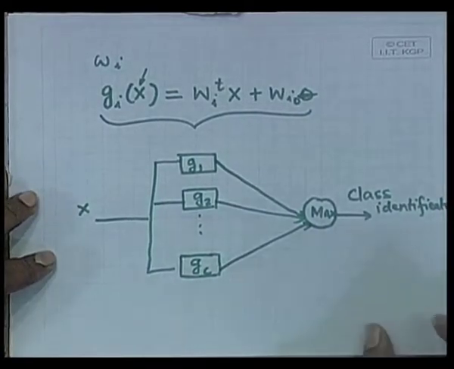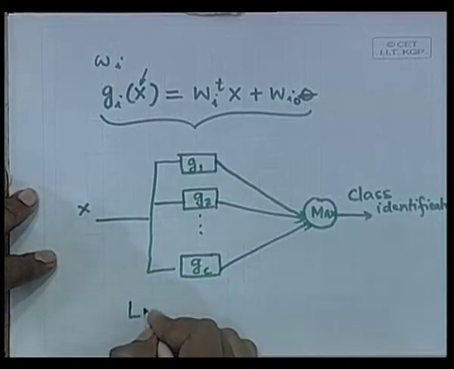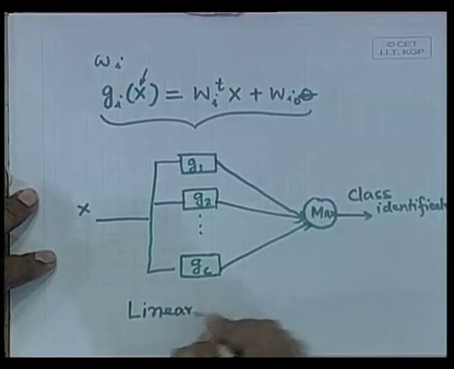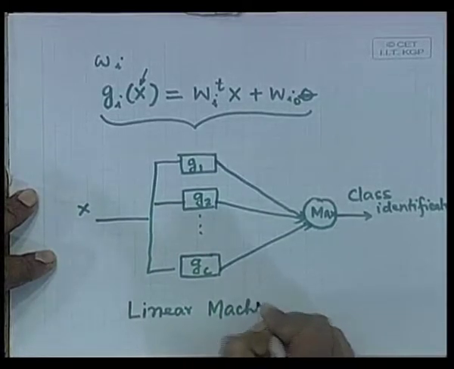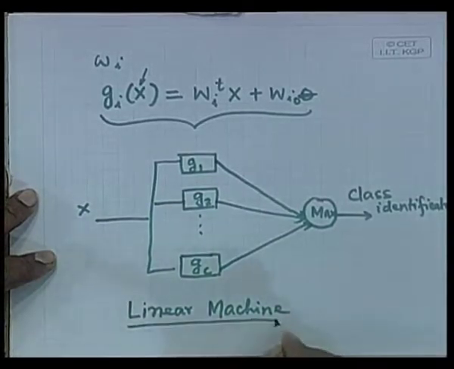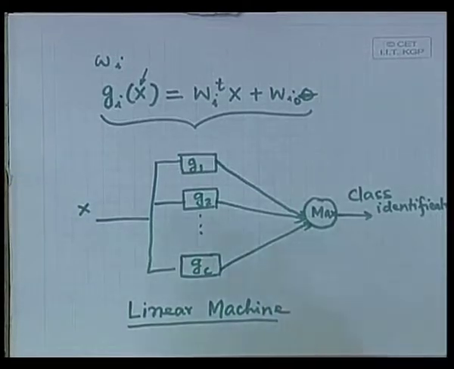Right. And this is what we have said, it is a linear machine. And we have seen earlier that following the Bayes decision theory, if I know the parametric form of the probability density functions of the samples belonging to different classes, then following Bayes minimum error rate classification or minimum risk classification, we can obtain the classifiers or the discriminant functions for different classes.